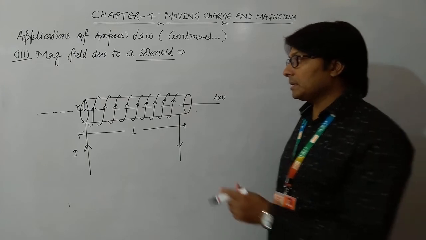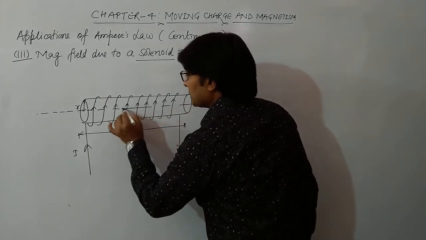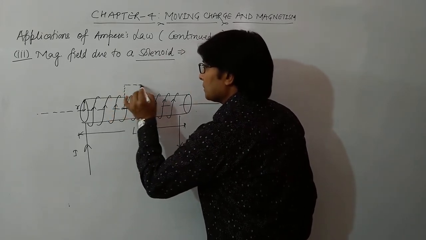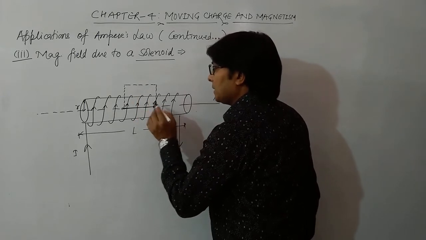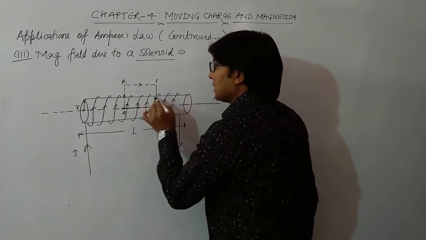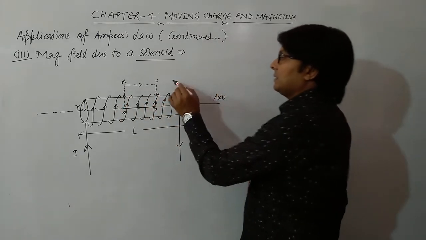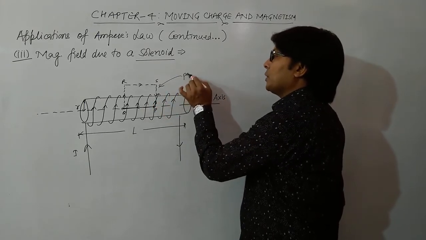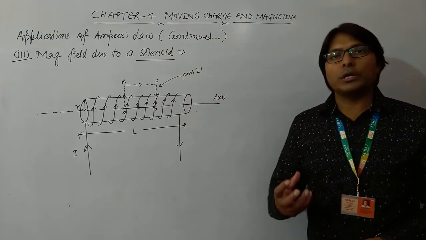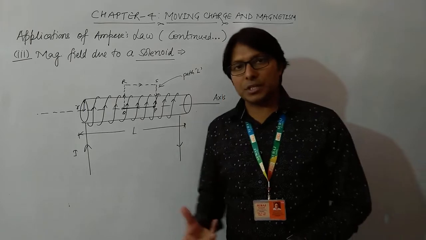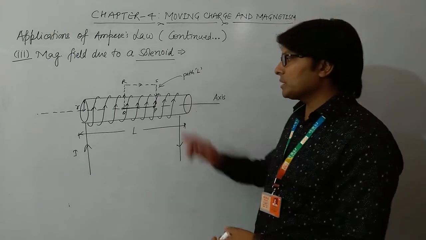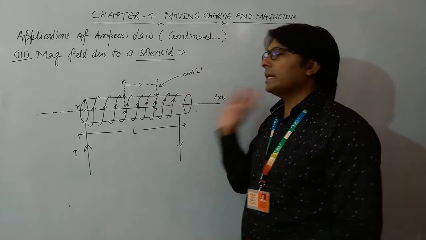So here we are assuming this closed path PQRS as Ampere's path L, over which we are going to apply Ampere's law, because Ampere's law is always applicable on a closed path. We are moving in the direction PQRS.